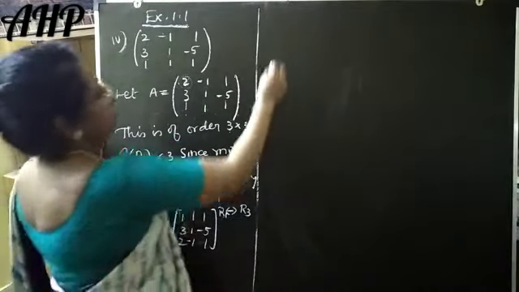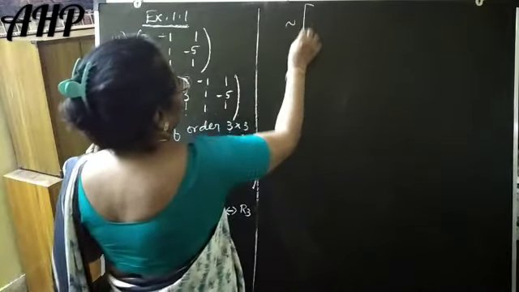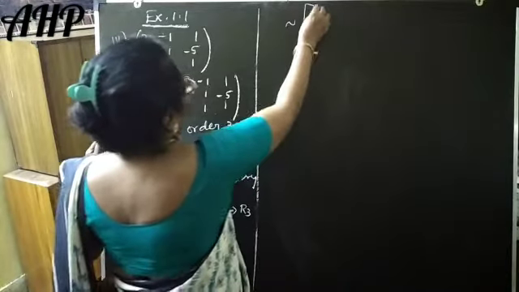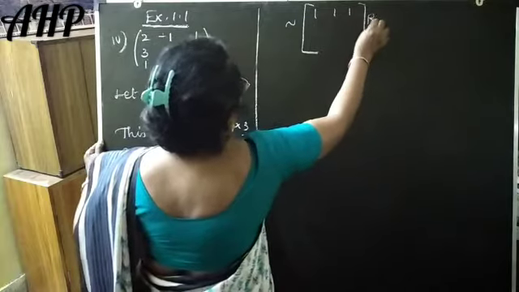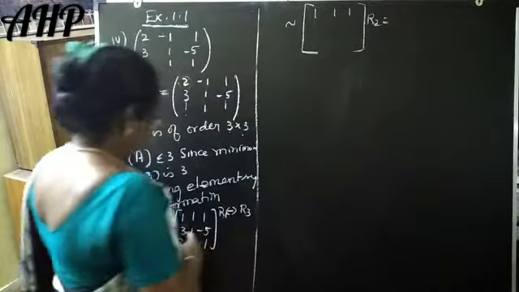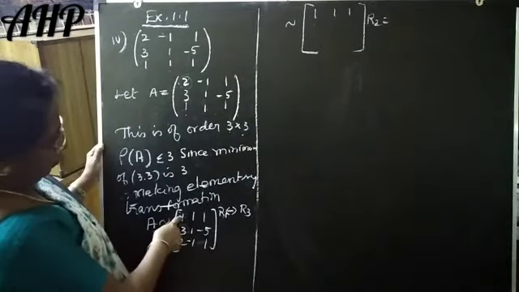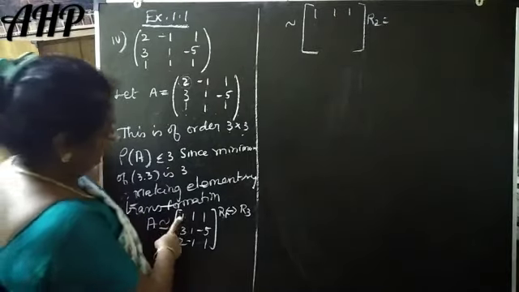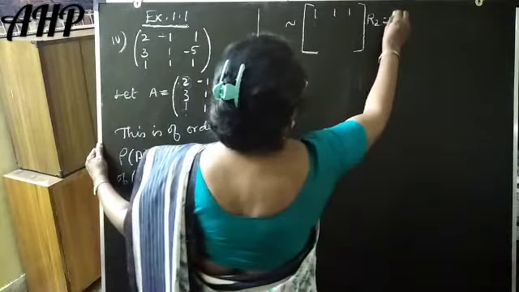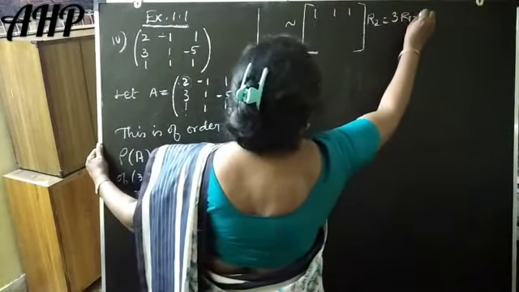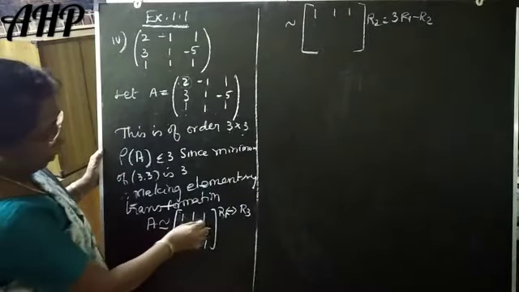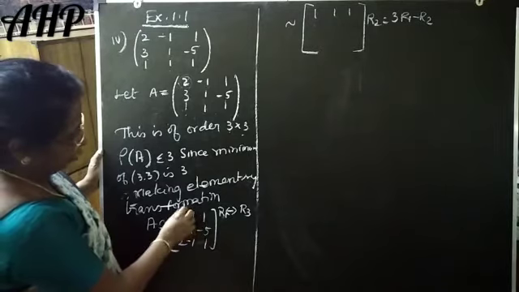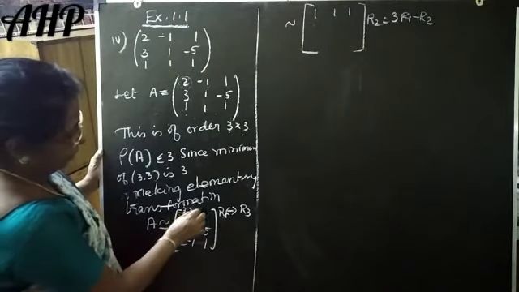So for that, rewrite the first row as it is: 1, 1, 1. Now your R2 can be written as 3R1 minus R2. So this R1 should be multiplied by 3. So here it is 3, 3, 3.